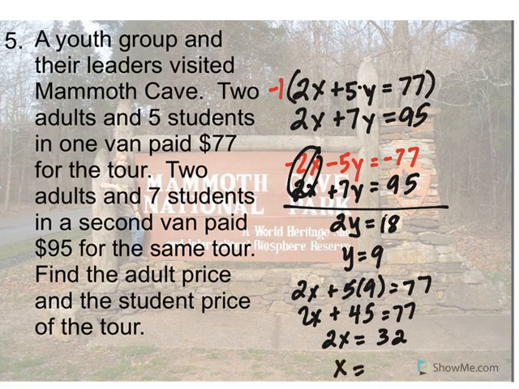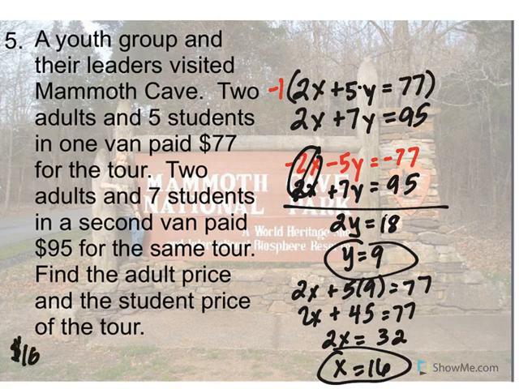And so x is equal to 16. So the cost of an adult is $16. The cost of a child is $9. So $16 for adults and $9 for children.